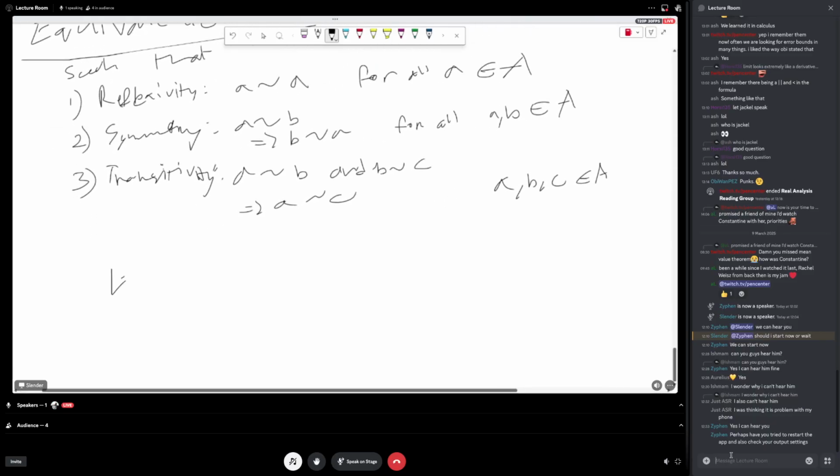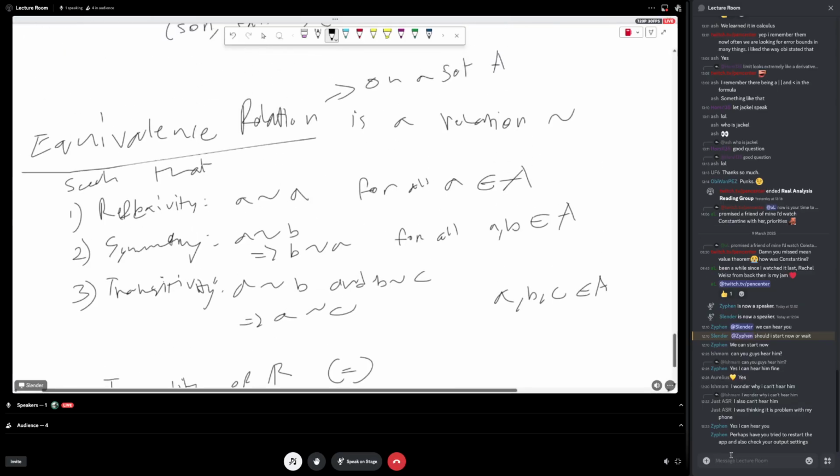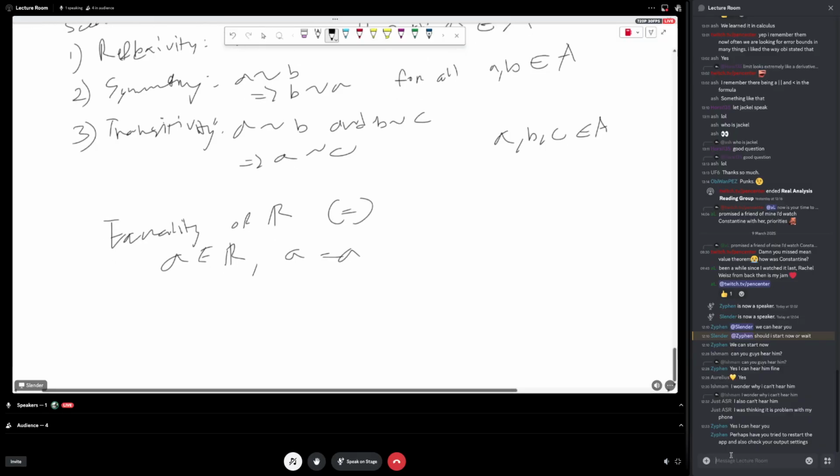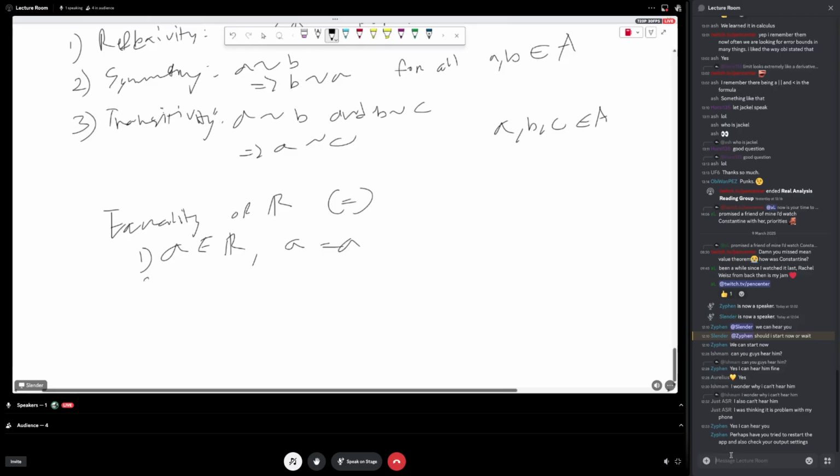For example, the equality of real numbers, denoted by equal, is also an equivalence relation. Firstly, consider some number a. The number is equal to itself, so it satisfies reflexivity.